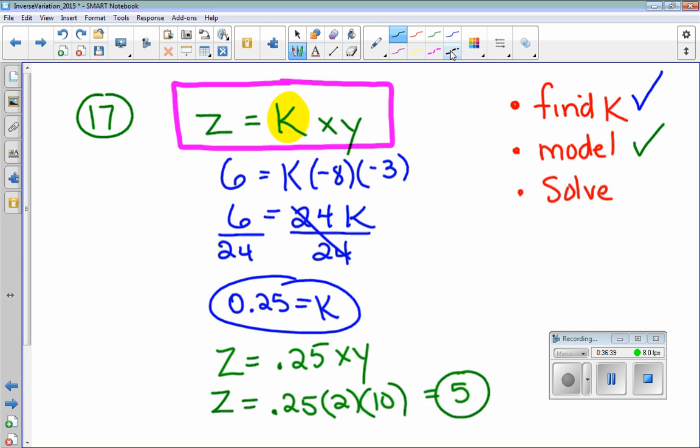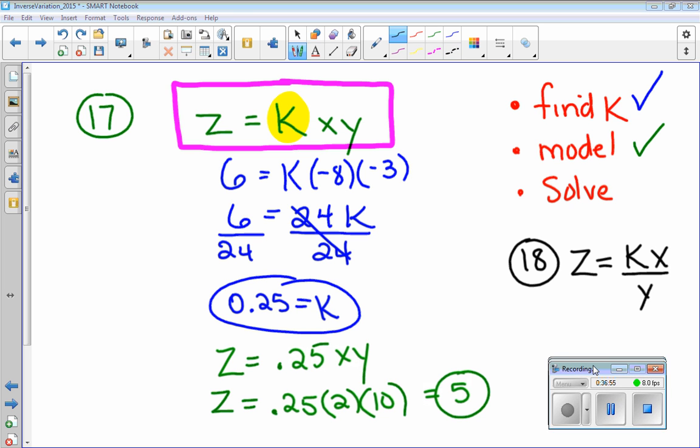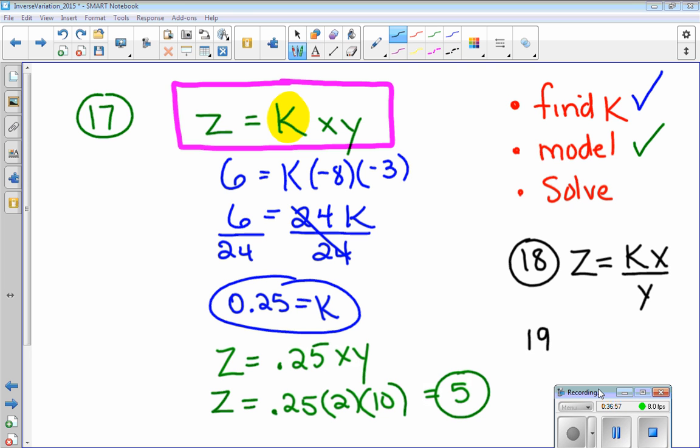Right. So in 18, you're going to start with Z varies directly with X. So where does X go? It goes KX over Y. Good. That's what we're going to start with in 18. How about in 19?